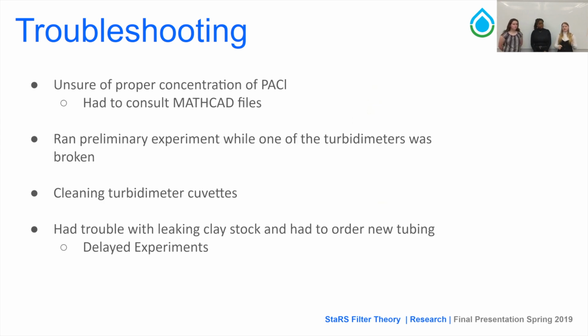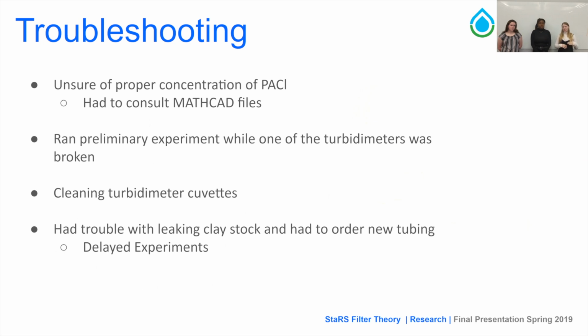Also, because of not an ideal transfer of information between StaRS filter groups, we were unsure of many things, including the proper concentration of PACl and clay stock and how to calculate those. But after consulting other team members, we found MathCAD files that showed the exact formula to go through. So we replaced our stock solution and got a new one from those files.